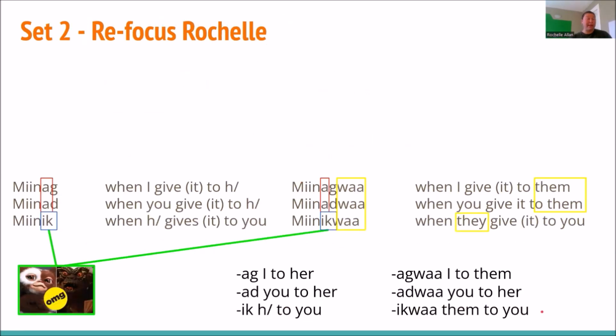The verbs we're looking at in this second set, or not the verbs, sorry, the conjugations: ug, I to him or her; agwa, I to them; ud, you to him or her; adwa, you to them; ik, he or she to you; and ikwa, them to you.